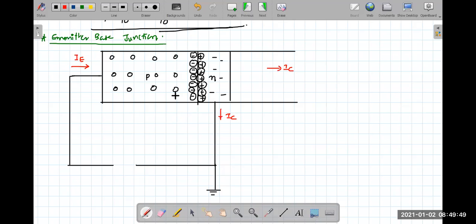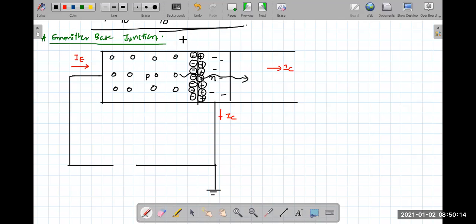To achieve this, what must happen? The holes over here must cross the barrier, cross this N region, and reach the collector side. To achieve this, tell me, should we forward bias this junction or reverse bias this junction?